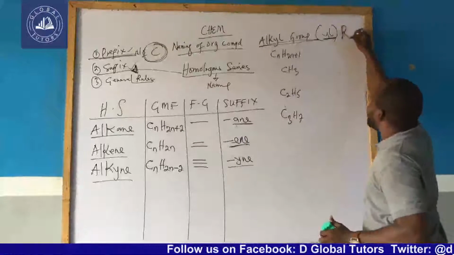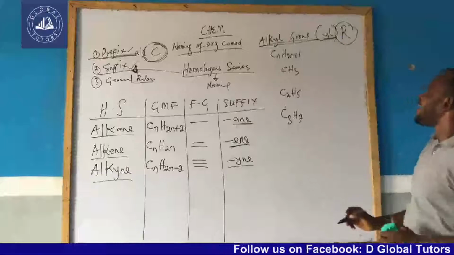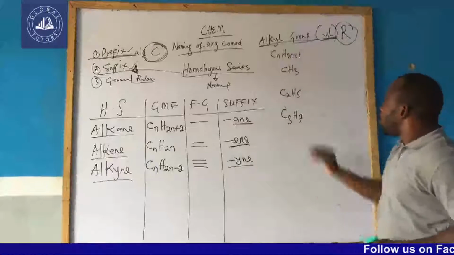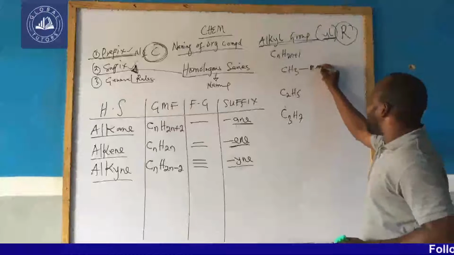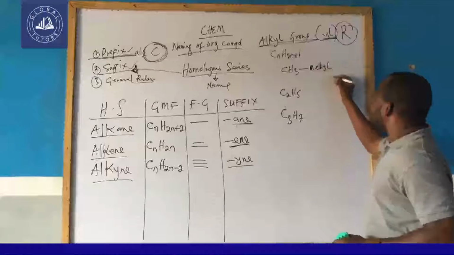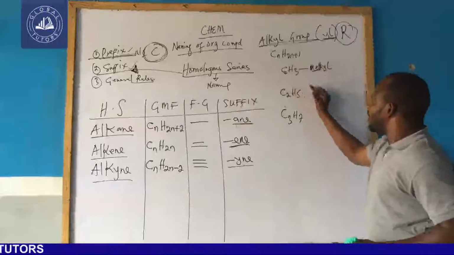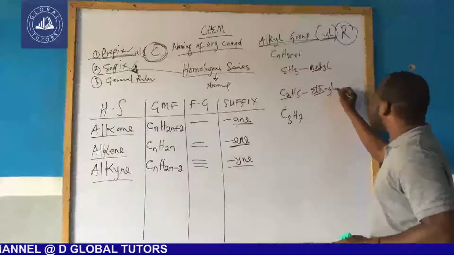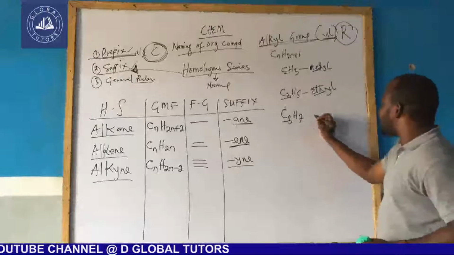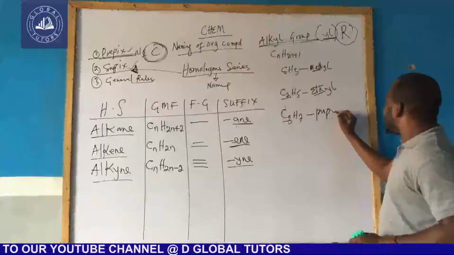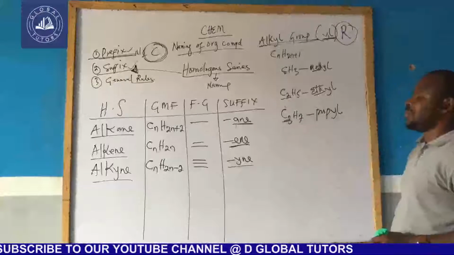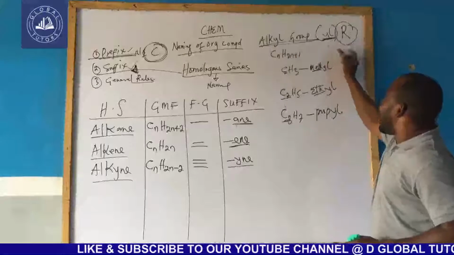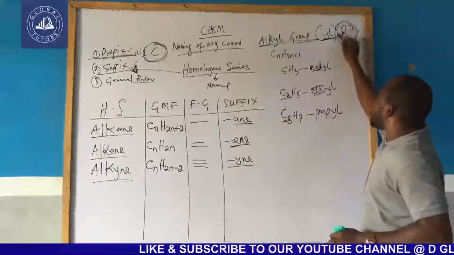And we normally use the symbol R. So anytime you see the symbol R, it denotes an alkyl group. So this one you can name as methyl: met, 1 carbon. Then this one, ethyl: eth, 2 carbon. Then this one, propyl: prop, 3 carbon. So you name an alkyl group by putting YL, and you symbolize an alkyl group with R.